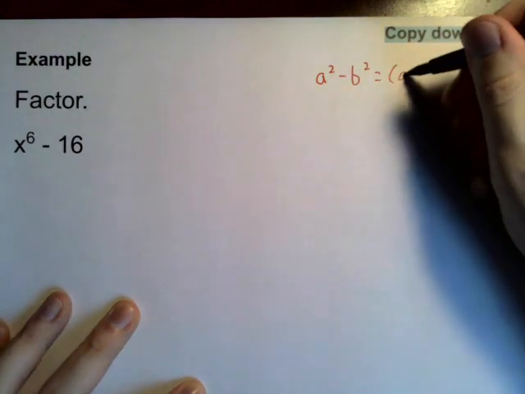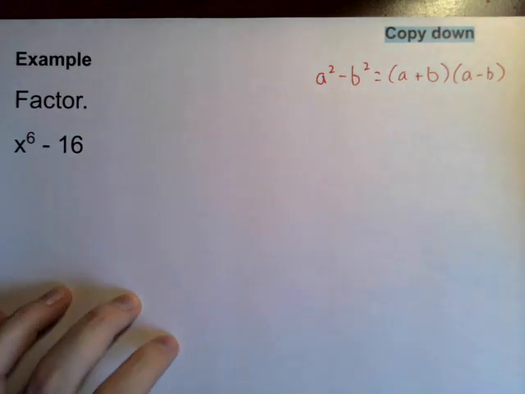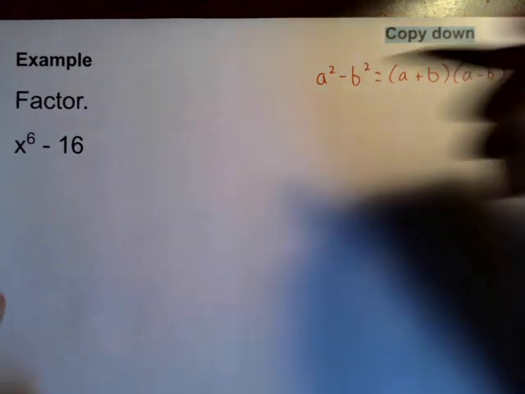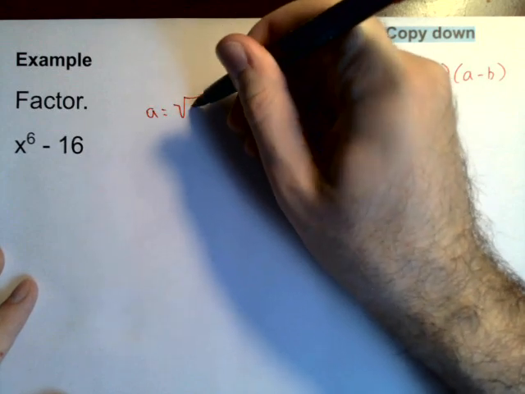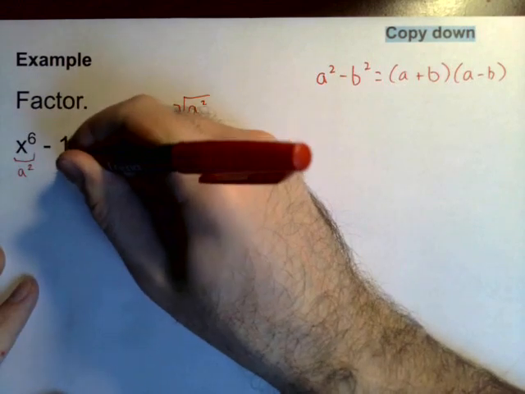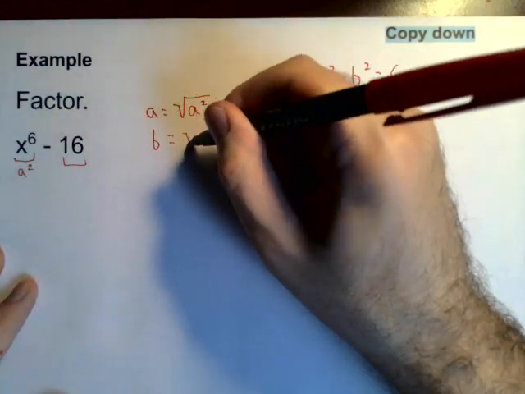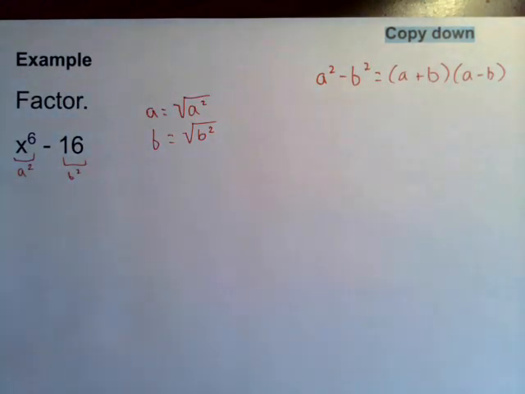You can factor it into a plus b times a minus b. And we know that a is going to equal the square root of this term, because this is a squared. And then b is going to equal the square root of b squared, which is that term, the 16.